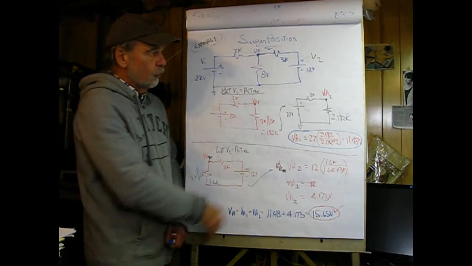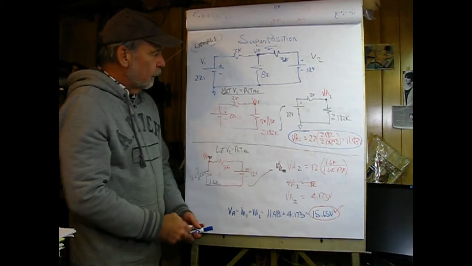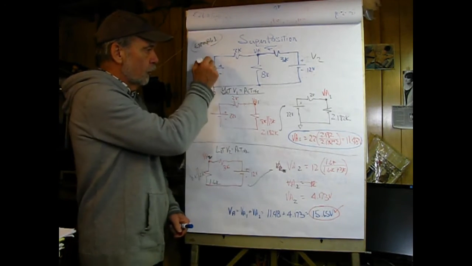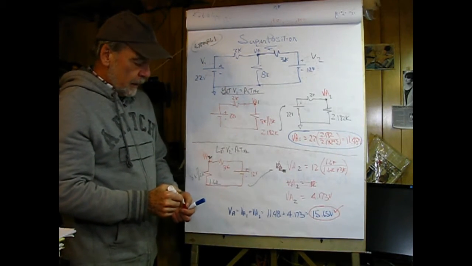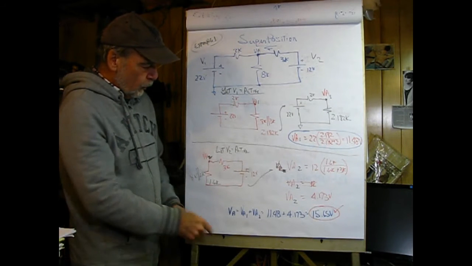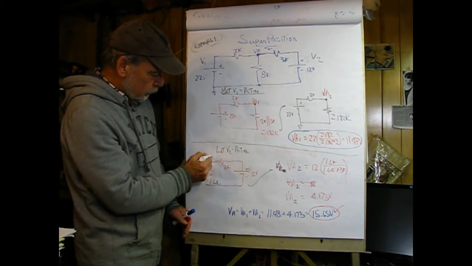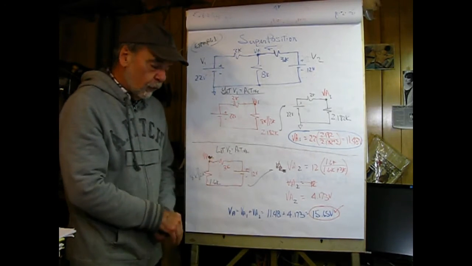Next, I'm going to let V2 be active, and I'll take V1 out of the circuit, and by doing that I have to replace it by its internal impedance, which is a short circuit, so I'll draw a couple dotted lines there to indicate that. What I want to do here now is find VA2, which would be the partial solution provided by the 12 volt supply.